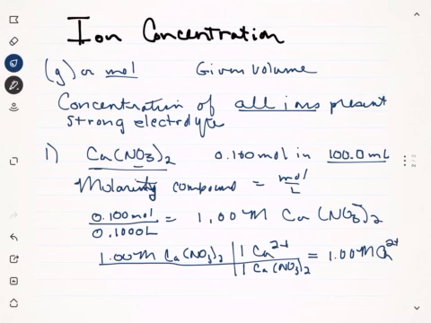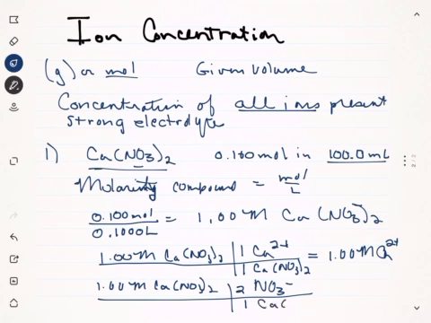I can do the same calculation, this time putting 2 nitrates for 1 calcium nitrate, which equals 2 molar NO3-. We were asked to find the concentration of all ions present. So the concentration of calcium was 1.00, and the concentration of the nitrate was 2.